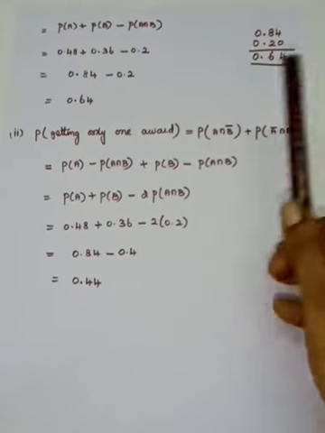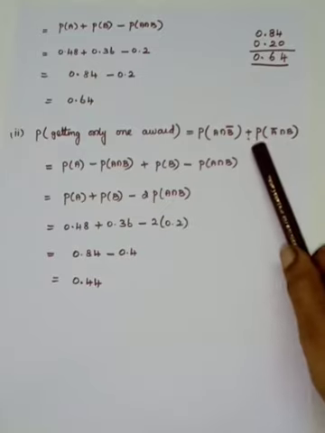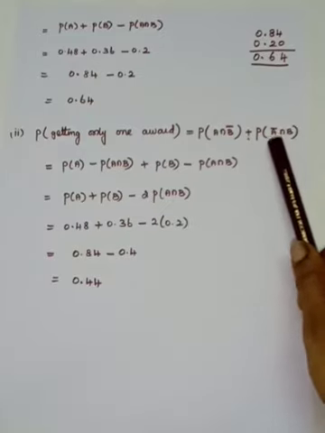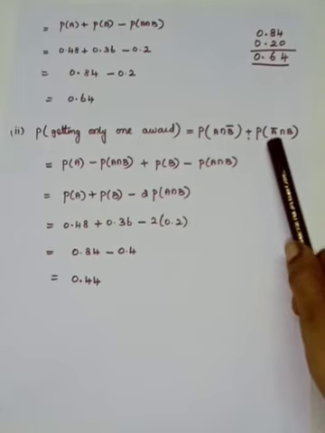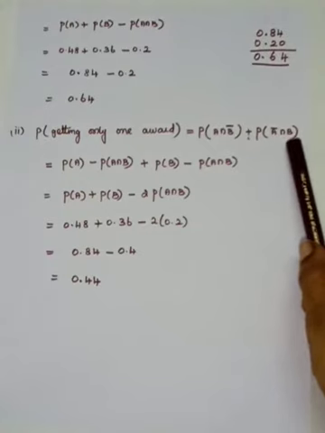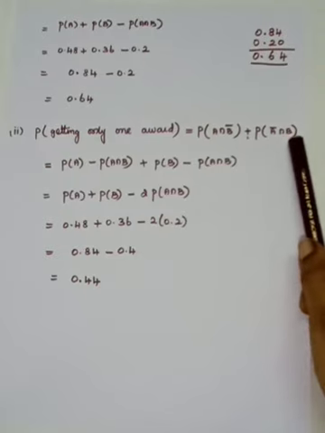Or otherwise, here we have written plus. So what has to come? P of A bar intersection B. Here A bar means the award is not given for its design, so the award is given only for the efficient use of material.